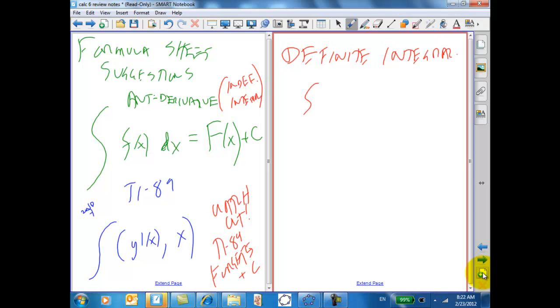The integral from a to b of f of x dx. That's where you use the brackets: big F of x evaluated from a to b, which means big F of b minus big F of a. You don't need the constant of integration because they cancel out when they subtract from each other. We'll use some more examples of that today too.